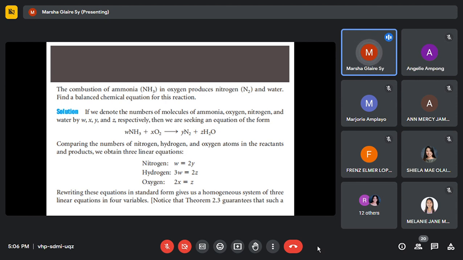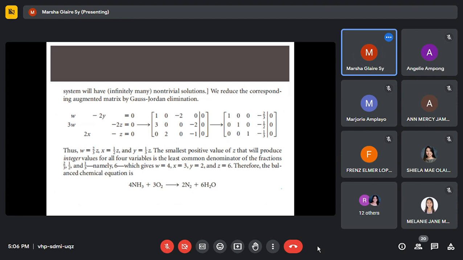So we are going to compare the numbers of nitrogen, hydrogen, and oxygen atoms in the reactants and products. So we obtain three linear equations right here, for the nitrogen, the hydrogen, and the oxygen. In this case, we have nitrogen, which is W equals 2Y, the hydrogen, which is 3W equals 2Z, and oxygen 2X equals Z. So if we are going to write this one, we have here the matrix, which is 1, 3, 0.